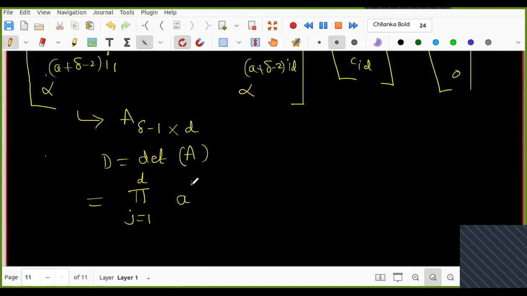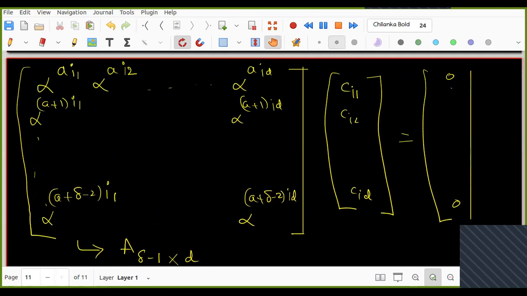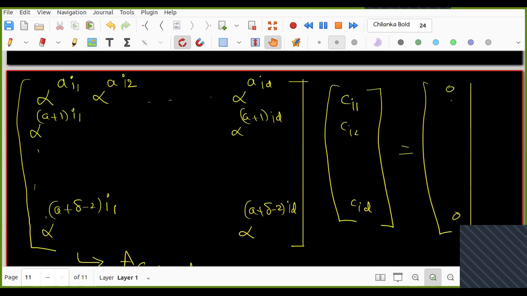Alpha to the power of i, sorry, I made a mistake. You tell me, that will be better. We are taking d equal to delta minus 1. See, how many columns are there here?